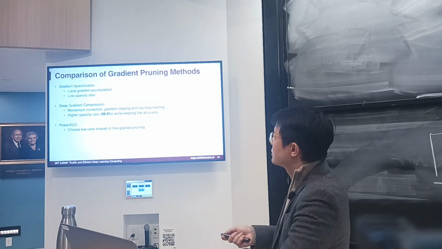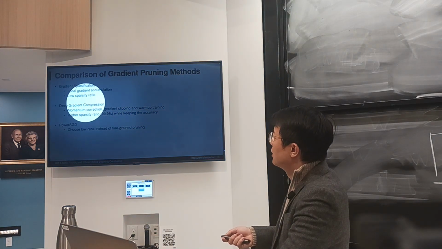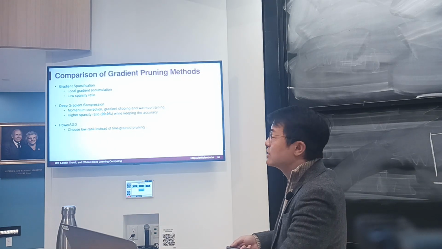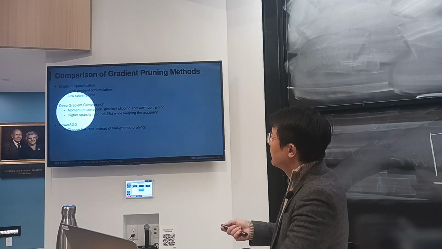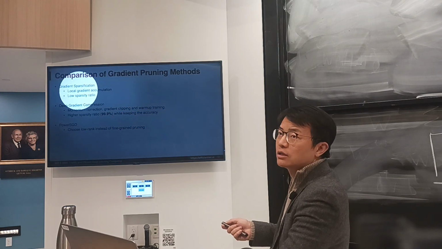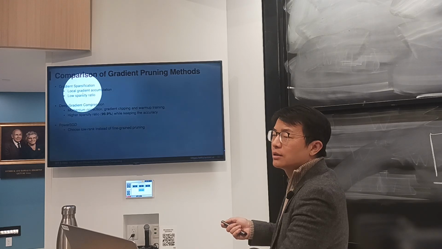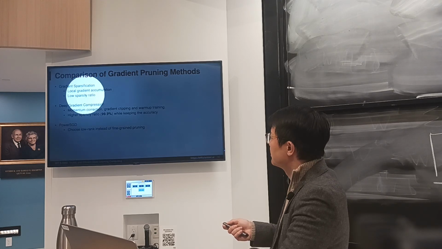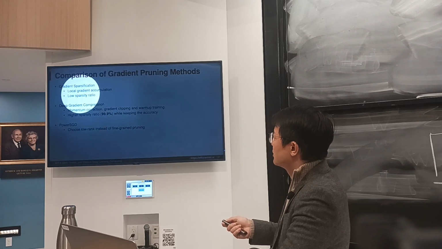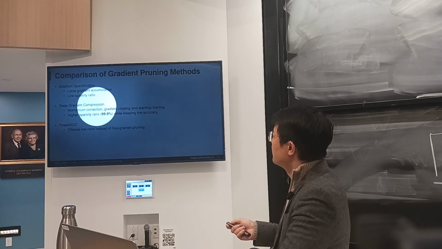And then we introduced the deep gradient compression technique, which we published in 2017, using momentum correction. We discovered we should not accumulate the gradient, but we should accumulate the velocity, not the gradient. So we call it momentum correction, which can solve the low sparsity ratio issue.